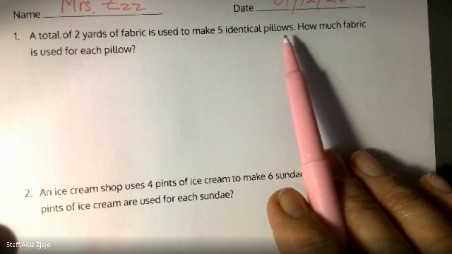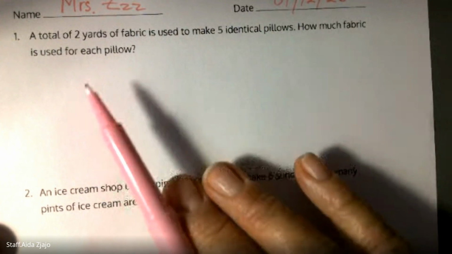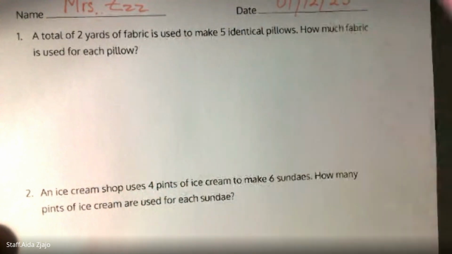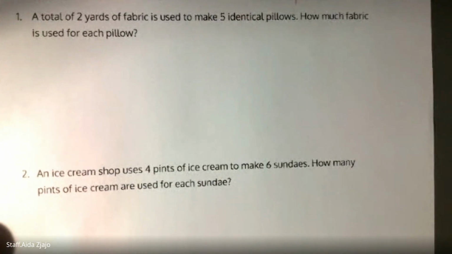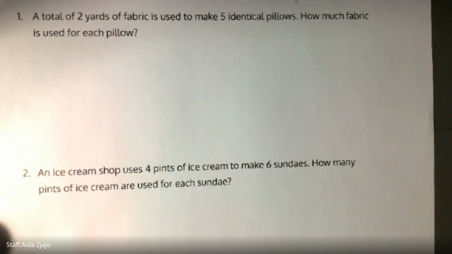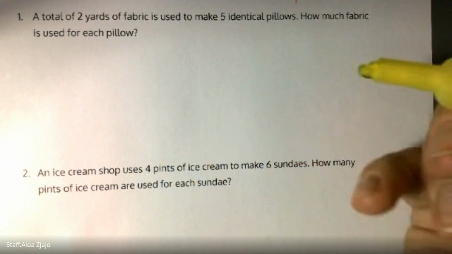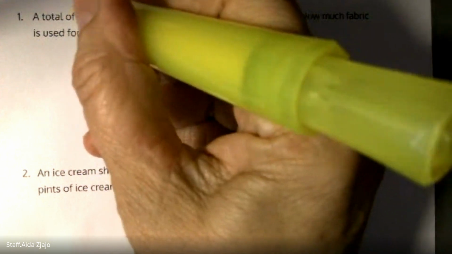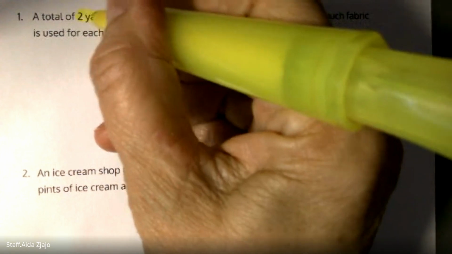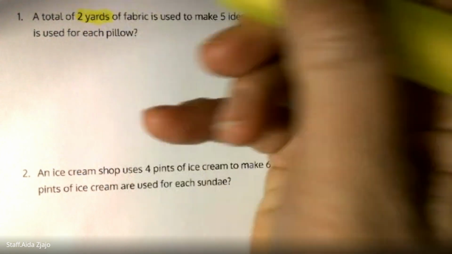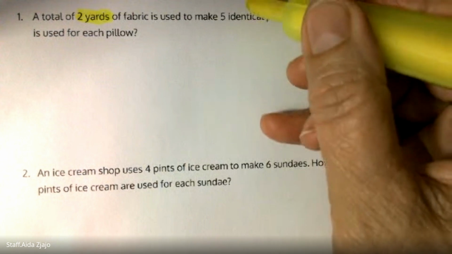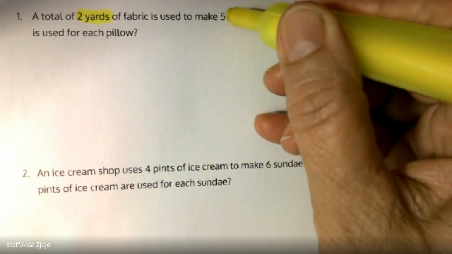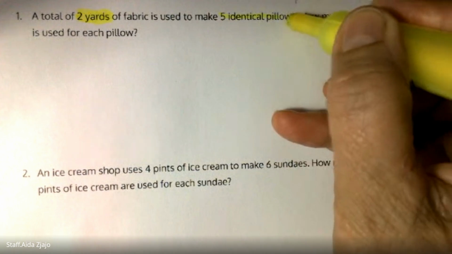5 identical pillows. How much fabric is used for each pillow? So very important is to know what do we have. Your idea should be, oh, what do I have? I have 2 yards, and what I need to do with that is make 5 identical pillows.